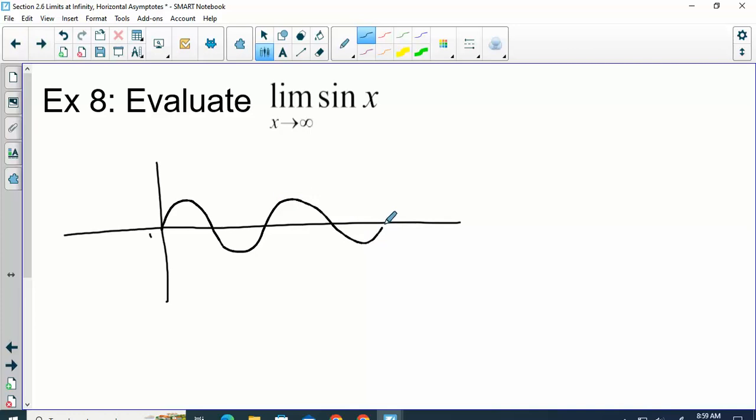And we know that just keeps repeating, right? So as I go to infinity, is this going to any number? No, it's just constantly bouncing up and down. It's not getting flatter as time goes on. We know it's just the same thing over and over and over again. So do we have any single number we approach? No, so this one does not exist.